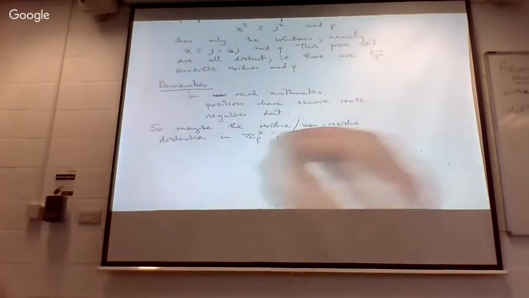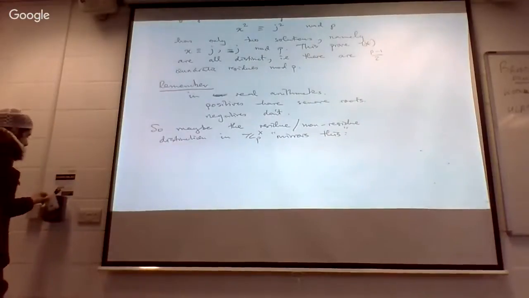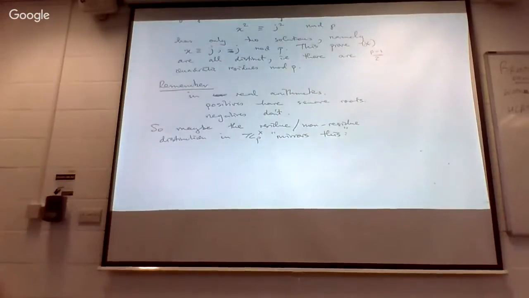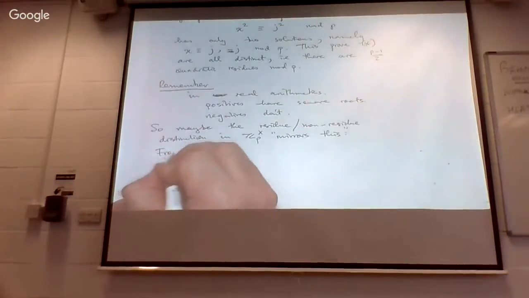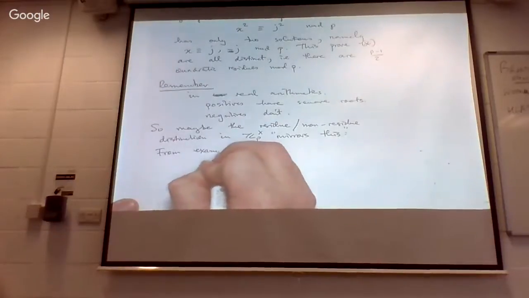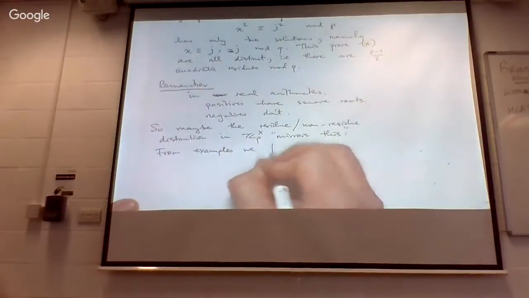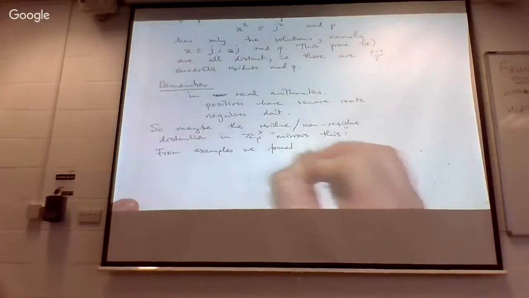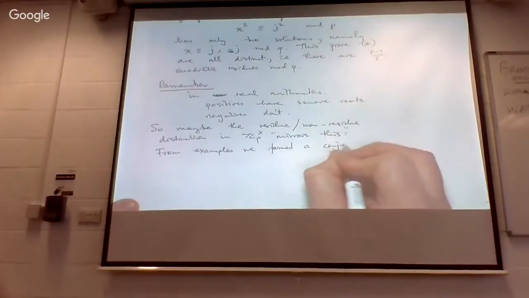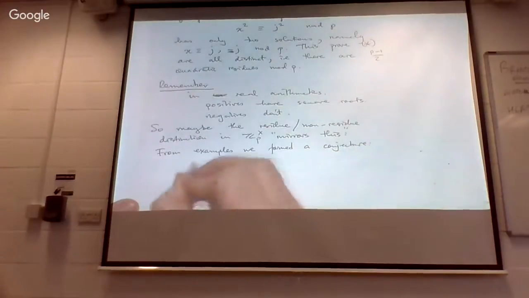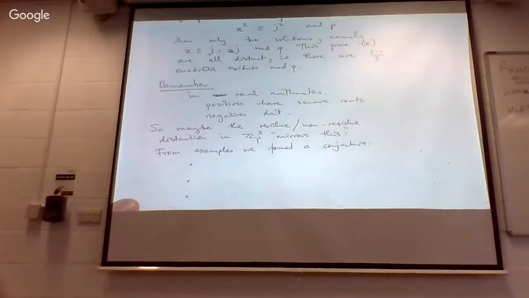Now, what do I mean by mirrors this? Well, one specific way is what happens when you multiply residues and non-residues. From the examples we looked at yesterday, we formed a conjecture. This conjecture had three parts, and it mirrors the way that multiplication of positive and negative numbers works.